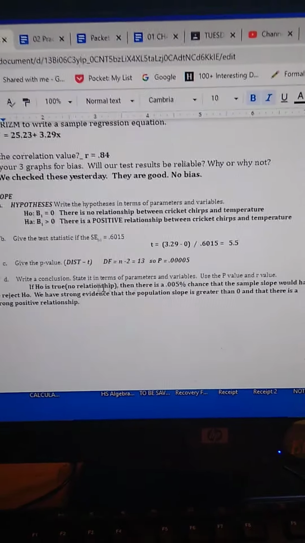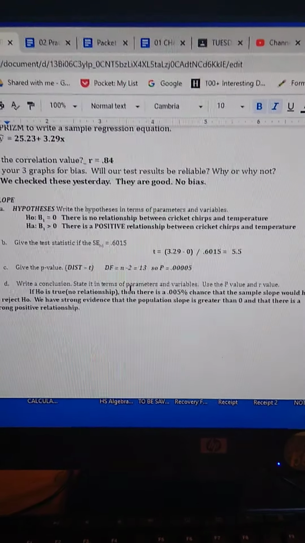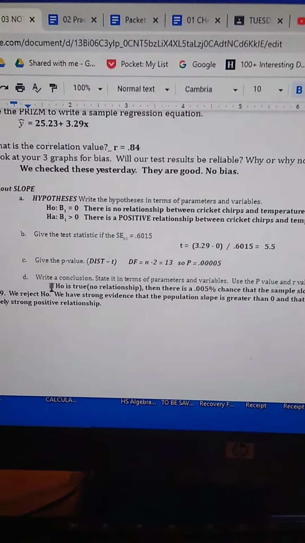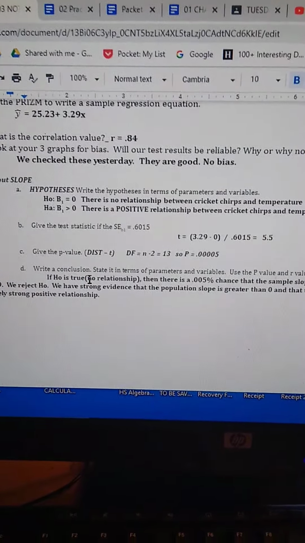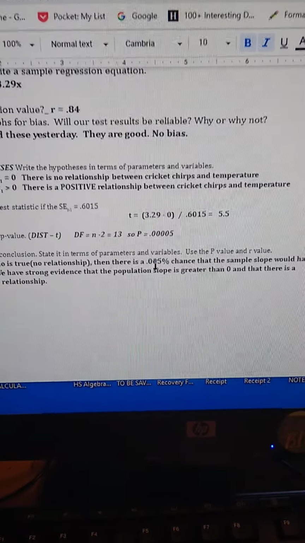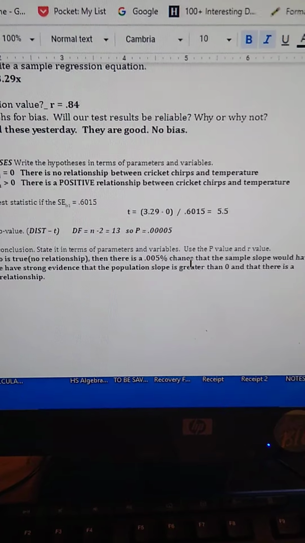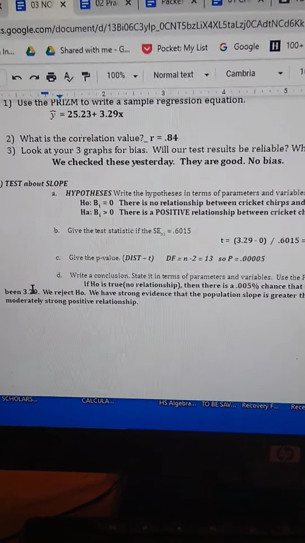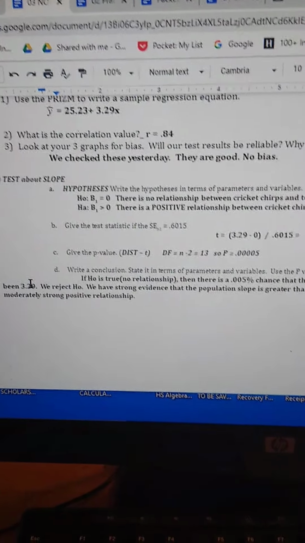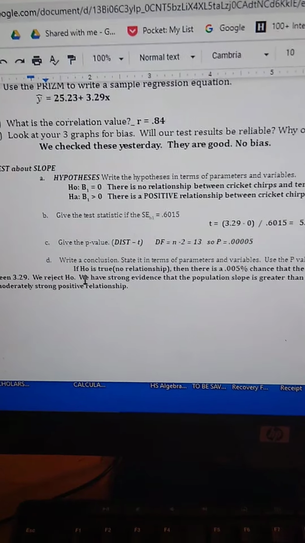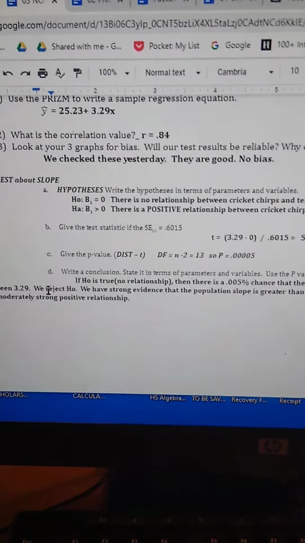So here's my conclusion. Write a conclusion in terms of parameters and variables. Use p-value and r value. If h sub o is true, which means there's no relationship, if that's true, there is a 0.005% chance that the sample slope would have been 3.29. So there's almost no chance that I would have gotten the slope I got if h sub o is true, which means h sub o is probably not true.